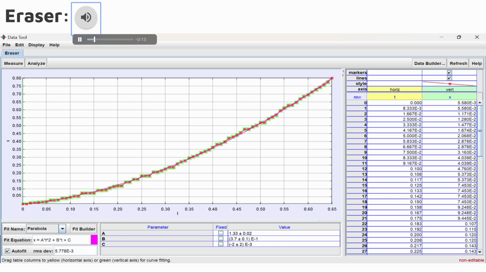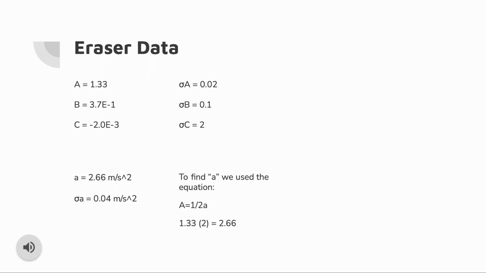So with the eraser, we did the tracker, and in our graph, it shows our fit is a parabola, and it's going in the positive x direction. Our A value was 1.33 with an uncertainty of 0.02.